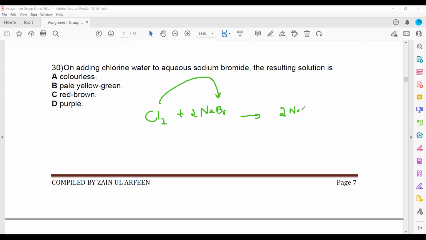So it will form 2NaCl plus Br2. As the bromine is formed, an aqueous bromine is formed in the solution, what will the appearance of this be due to the formation of bromine? We will say it is red brown in color. So C will be the right answer.